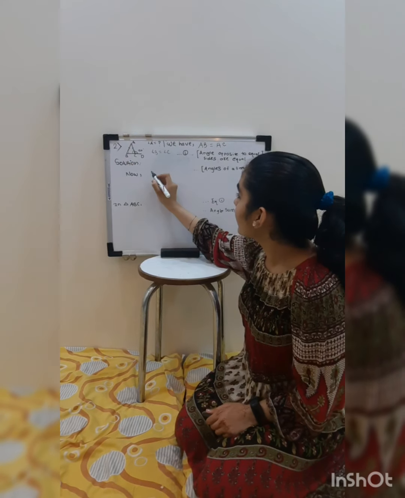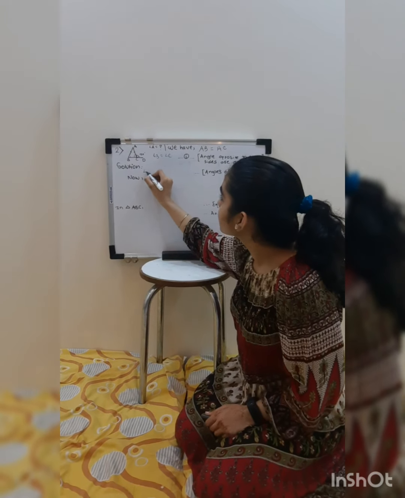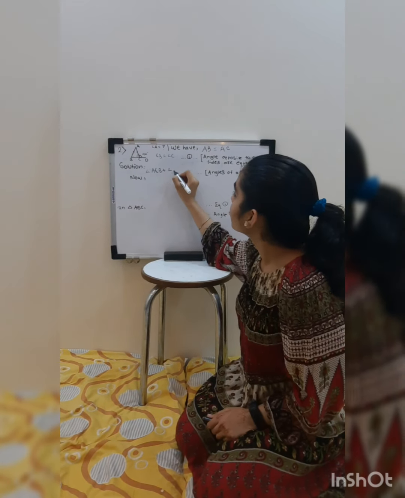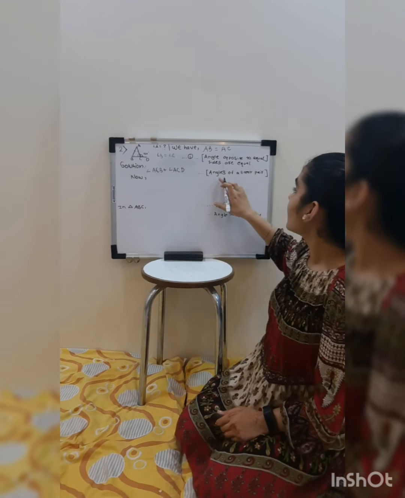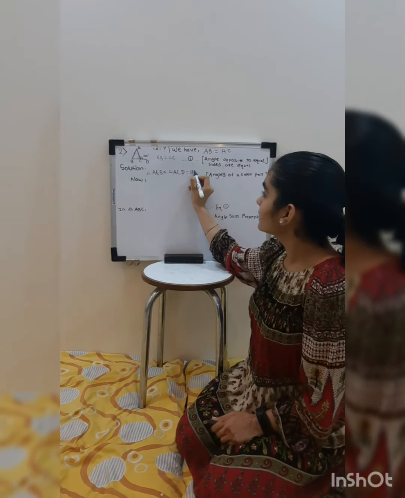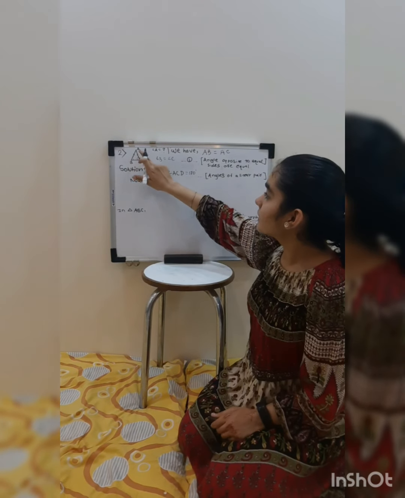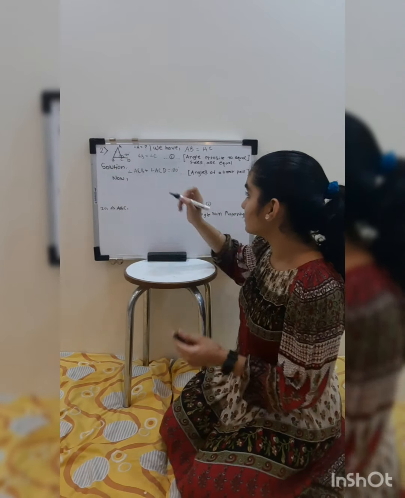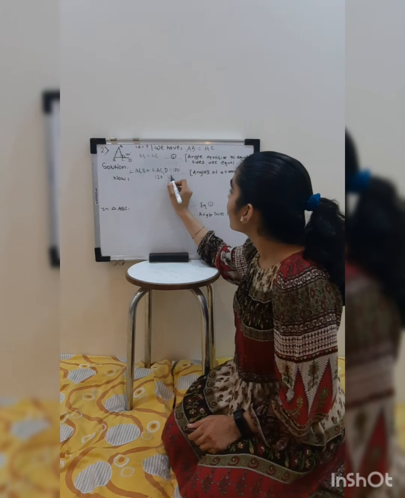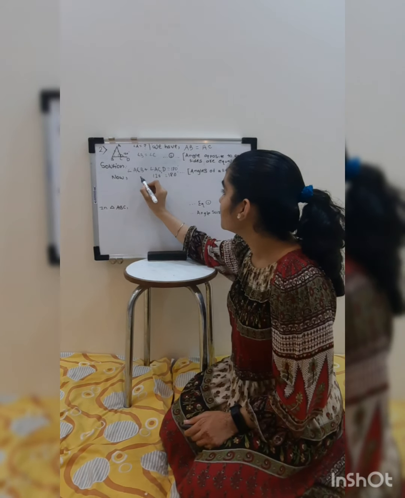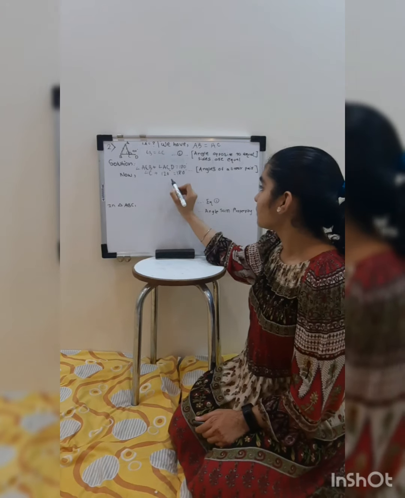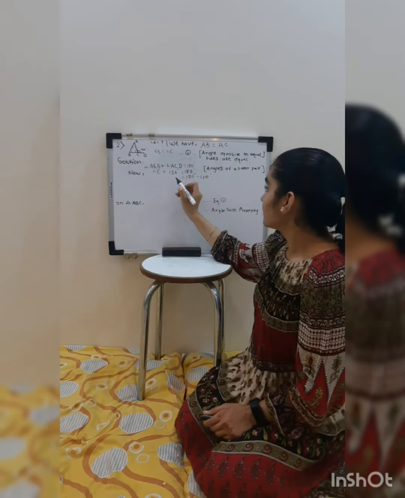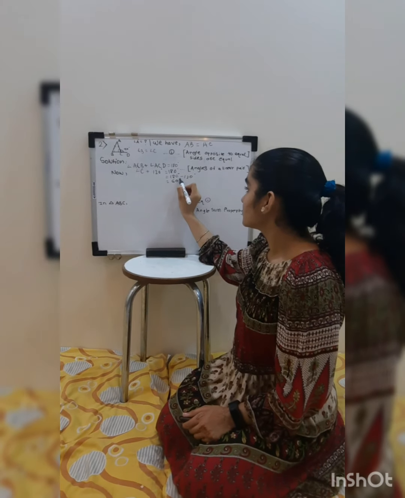Now you can see here that angle ACB and angle ACD form the angles of a linear pair. We know angle ACD equals 120, and we have to find angle ACB, which we can also write as angle C. So 120 gets transferred: 180 minus 120 is 60 degrees.